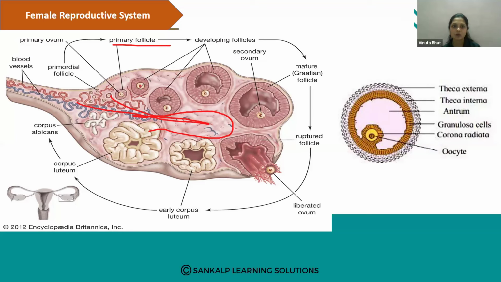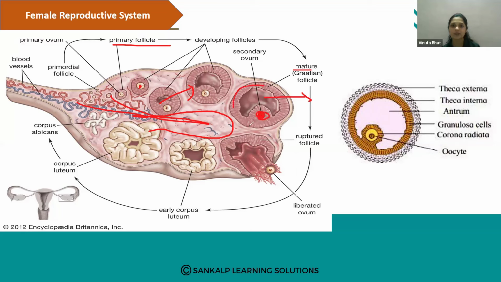You can see the oocyte here, and only a single layer of granulosa cells, follicle cells, is present. Then these are the developing follicles. Next it will become the mature follicle, the Graafian follicle. The Graafian follicle contains the cavity and the developed ovum.